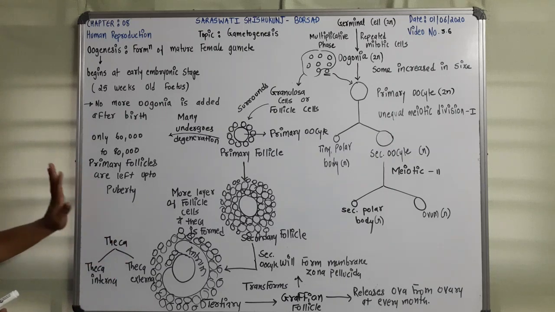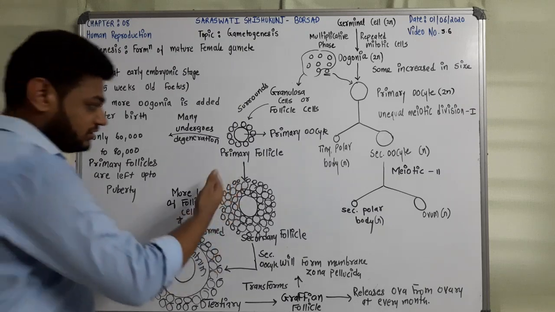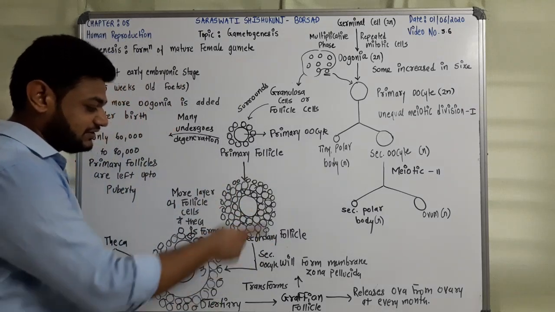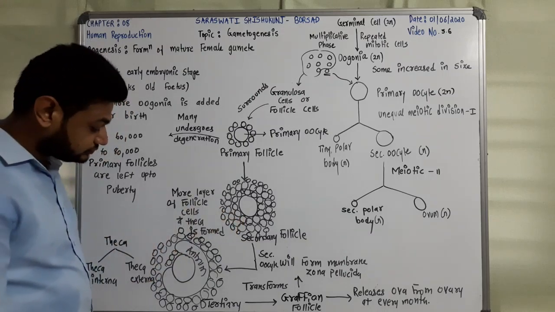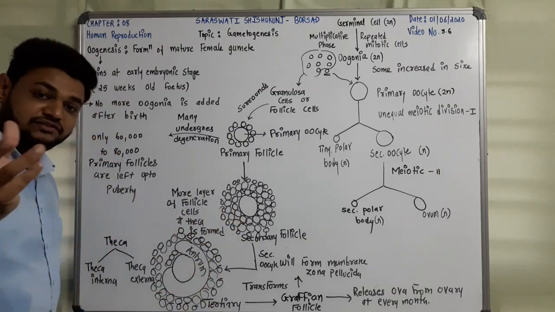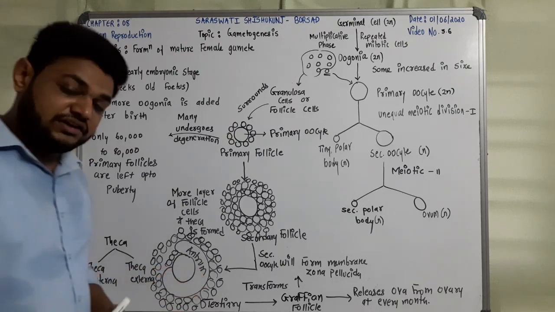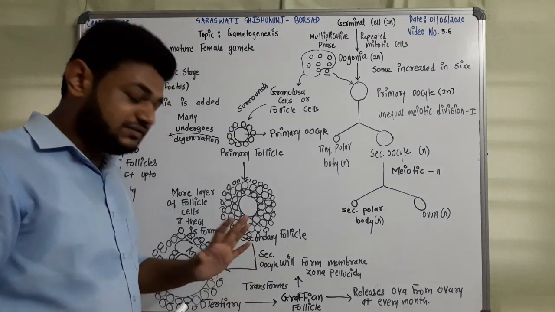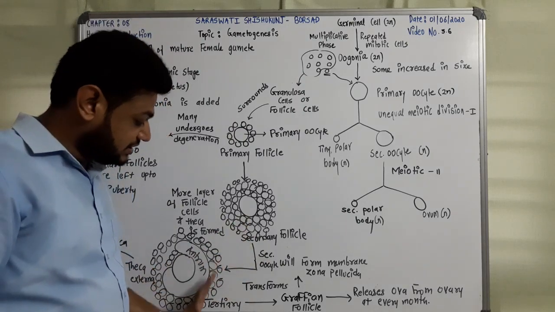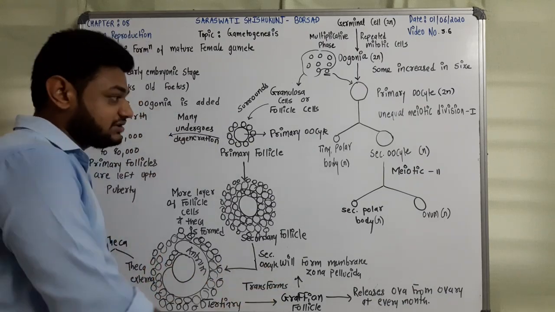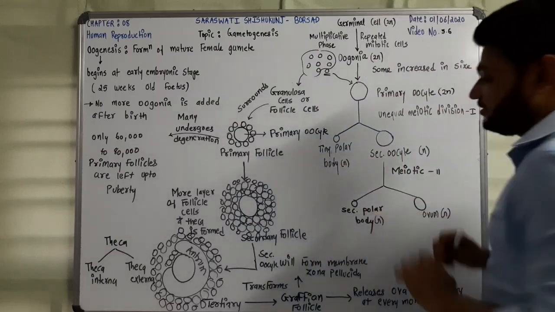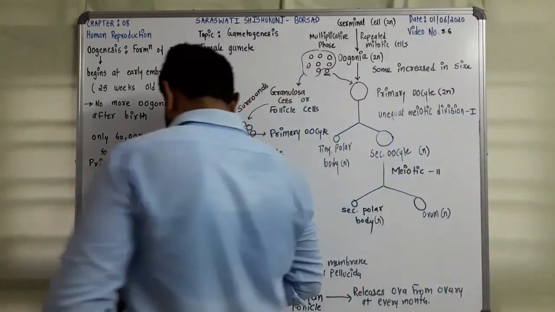This is up to puberty. Now more granulosa or follicle cells gather around, and a thicker layer is formed. After that, a characteristic fluid-filled cavity referred to as the antrum is formed. This gets transformed into the Graafian follicle, where at the tertiary stage, this primary oocyte completes its first meiotic division.